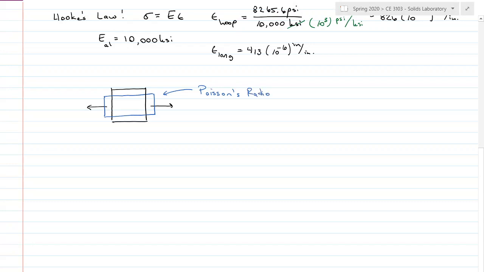Well, the phenomenon's not Poisson's ratio. The calculation is Poisson's ratio, which is going to be nu equals negative E lat over E long. Now this is longitudinal, it's different from the long on your soda can.